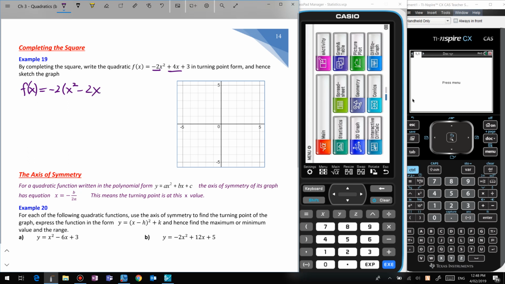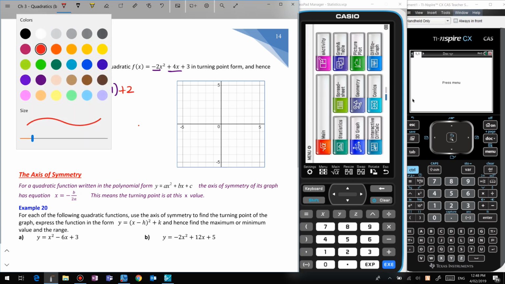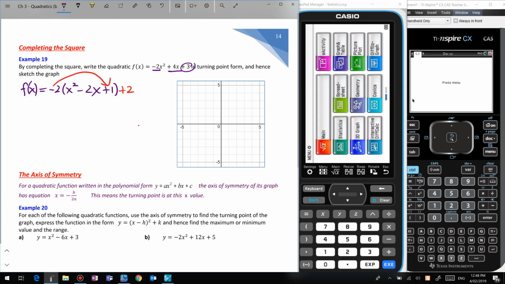If I halve that I get negative 1, and when I square it I get positive 1. Now I haven't added positive 1 on, I've subtracted 2 because negative 2 times 1 is negative 2. So I've got to add 2 on so that I don't change the equation. And then I've got that plus 3 that was already there.